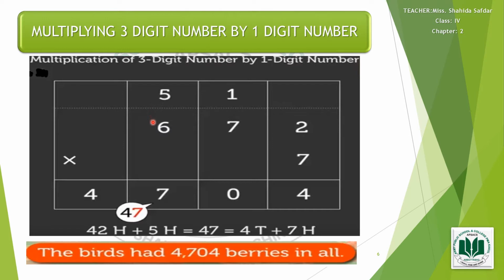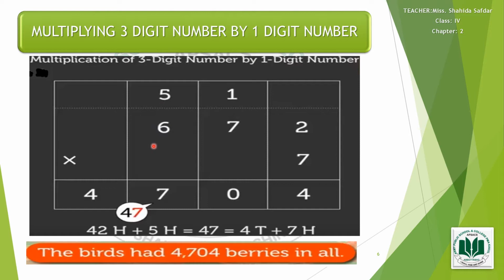In step 3, we will multiply 6 hundreds by 7. The answer is 4200. Again in 4200 we will add 500 carry.